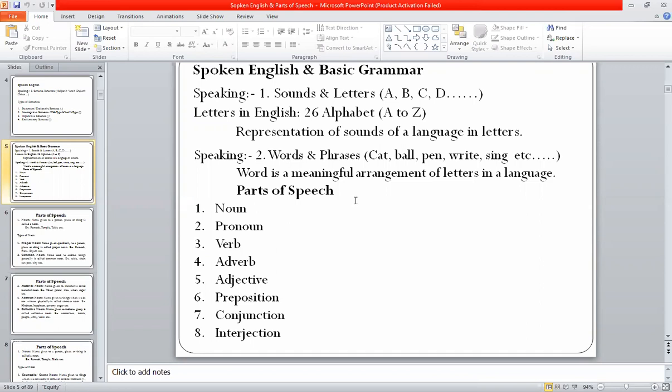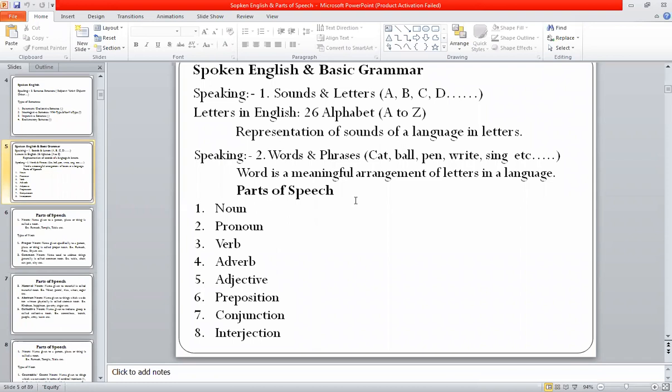So how many parts of speech are there? There are 8 parts of speech that we use for the formation of any type of sentence. The first is noun. The second is pronoun.